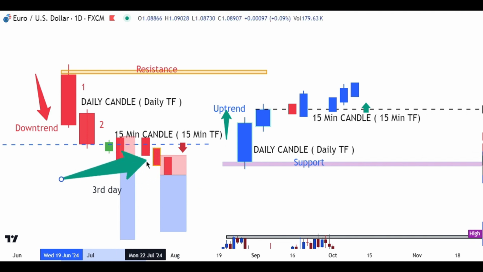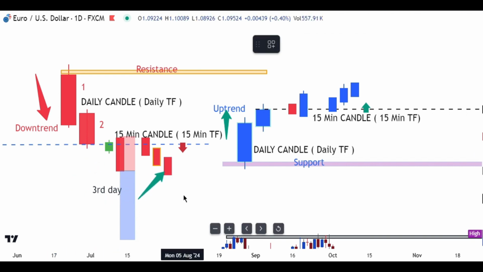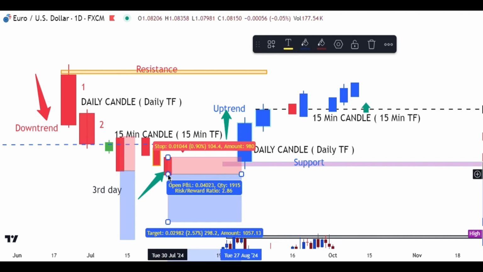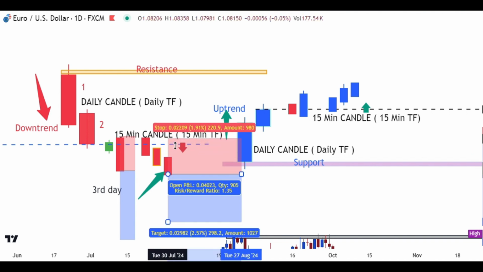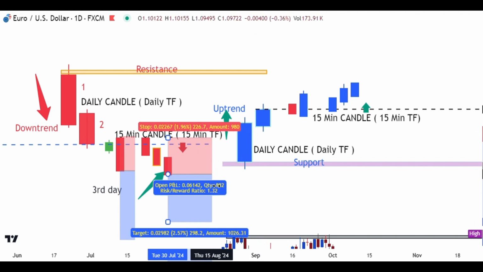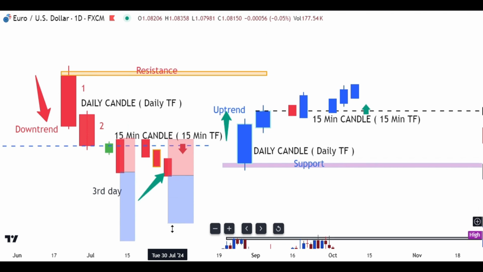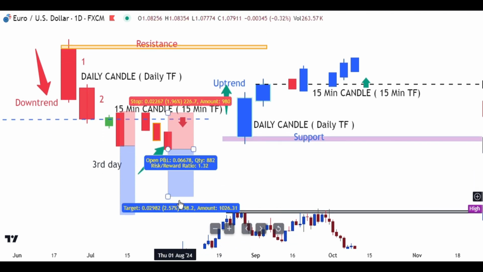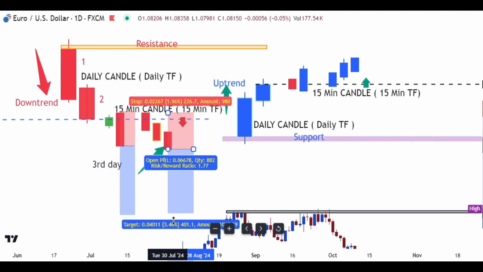You see 3 black crows here. At the close of the third crow right here, you open your trade and place your stop loss just above the previous day candle close, and then target a 1 to 2 risk to reward ratio all the way to the downside.